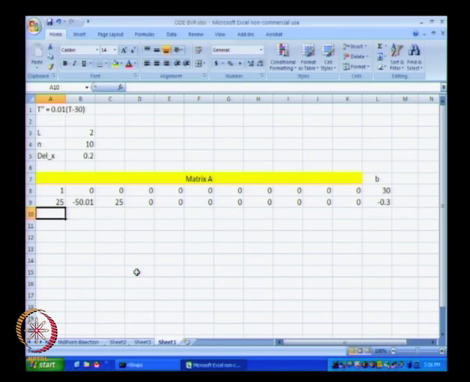Now the third row concerns the equation for T3.